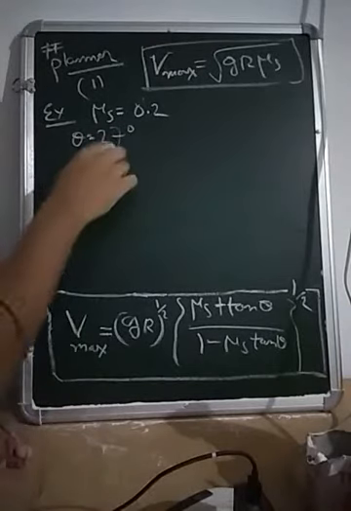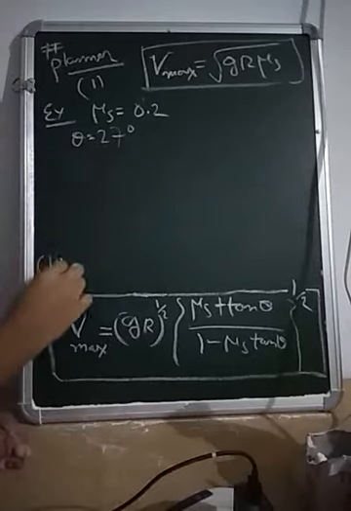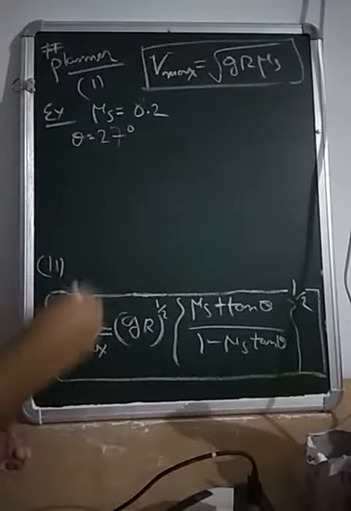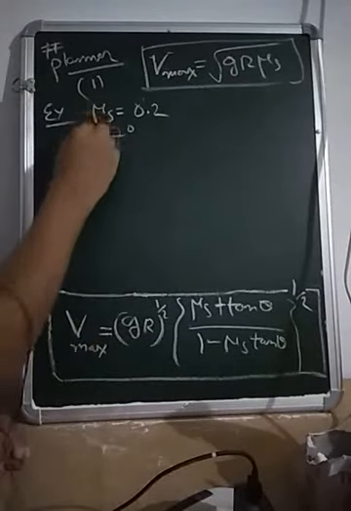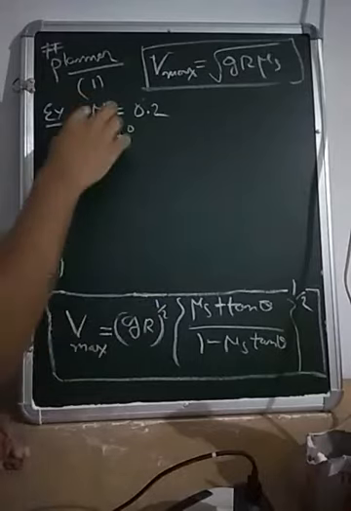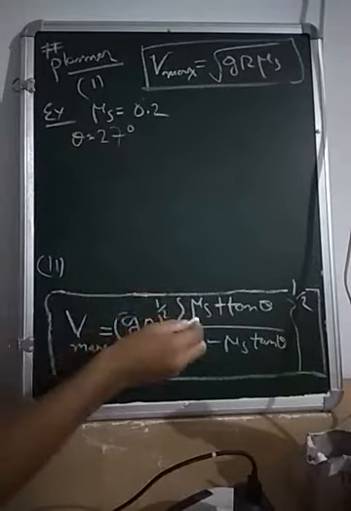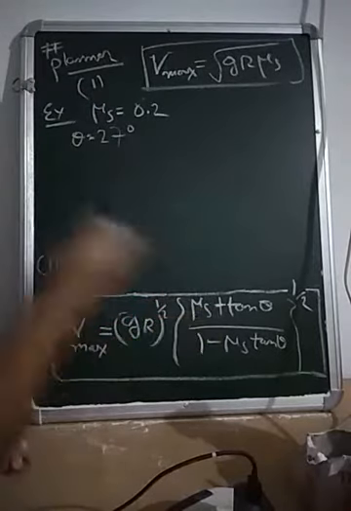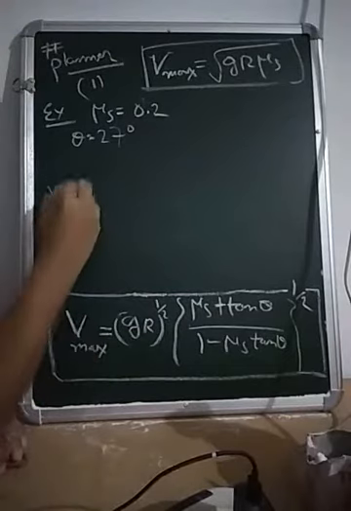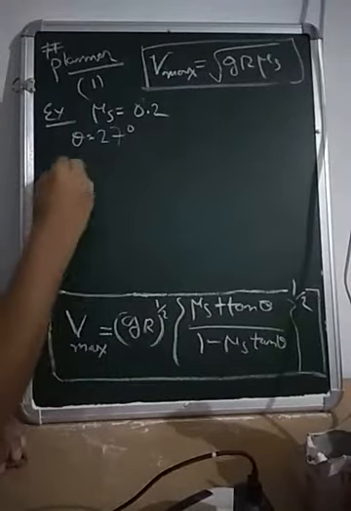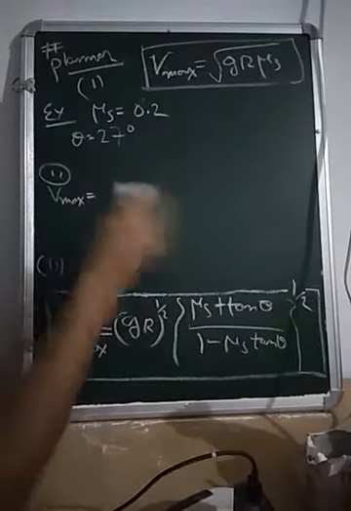Here we find the value of Vmax for these terms. If in this case mu s is 0.2 and theta is 27 degrees, what will be the Vmax? In case 2, Vmax will be how much?